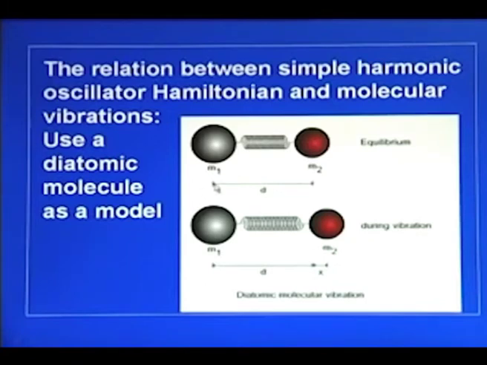Then the bond length between the centers of masses of the two atoms m1 and m2 is d. During vibration the spring is extended or compressed. The length d changes by x, positive or negative, and the spring motion for small values of x relative to the value of d is modeled as a harmonic oscillator.